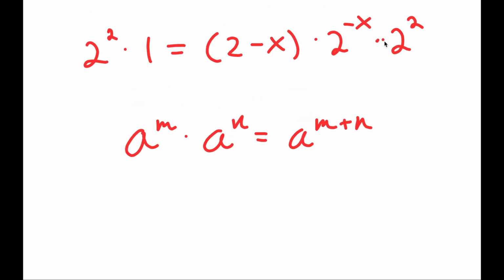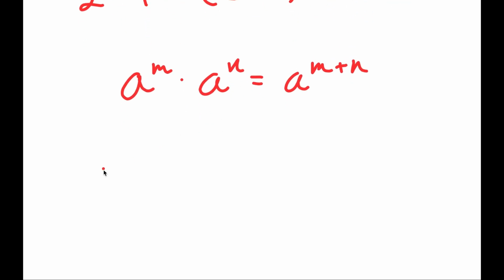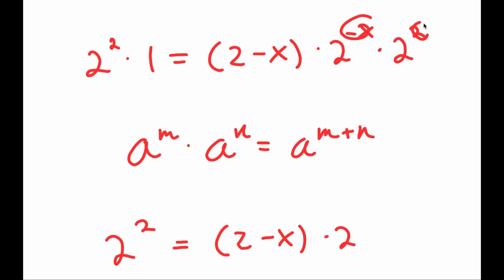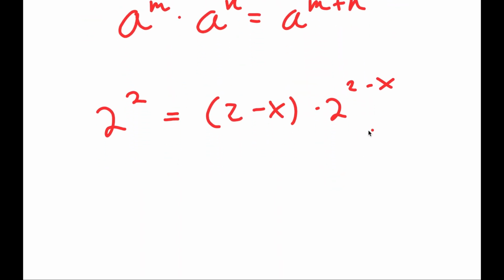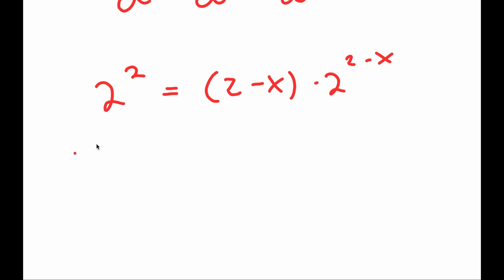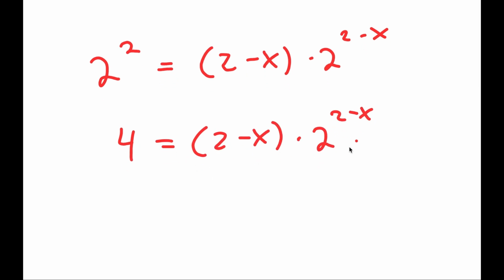So 2 to the power of negative x times 2 squared, those two add up. So I get 2 squared is equal to 2 minus x times 2 to the power of negative x plus 2, which is 2 minus x. Now 2 squared is simply equal to 4. So I get 4 is equal to 2 minus x times 2 to the power of 2 minus x.